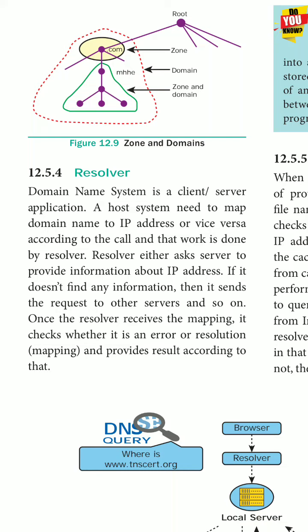So this resolver will have a local DNS database in your computer itself, so that every time you do not need to connect to the DNS server. It will have the list of websites and their particular IP addresses. So this is known as the resolver.